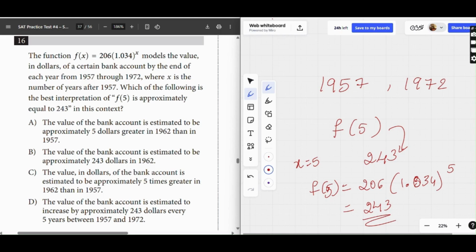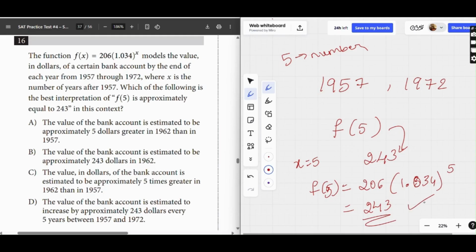And remember, 5 represents the time interval here. The question is which of the following represents f of 5 approximately equal to. So we realize that 5 represents the number of years. After this number of years, this is the amount of dollars that we can see in the bank account.